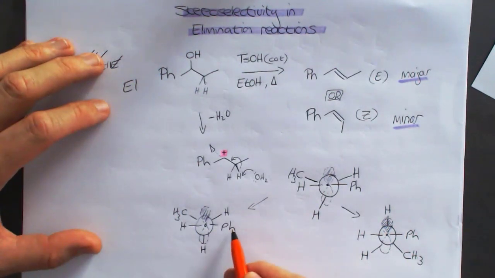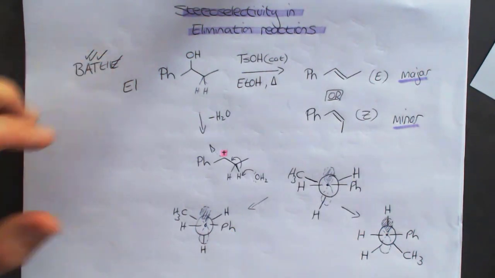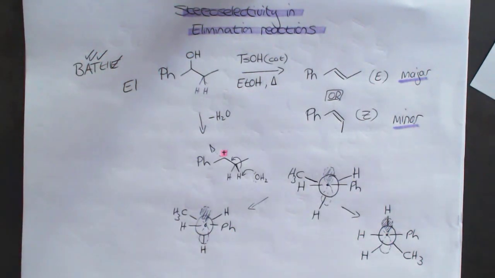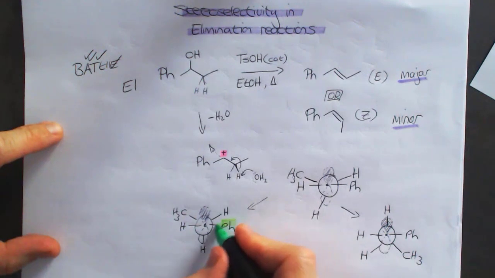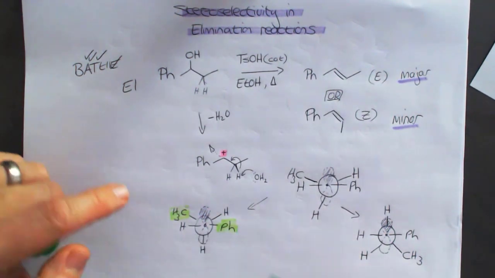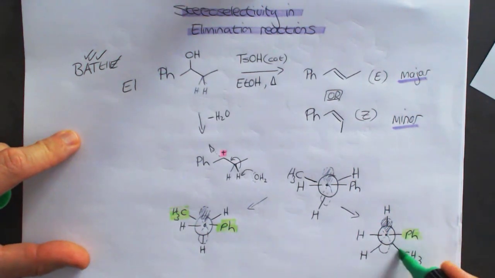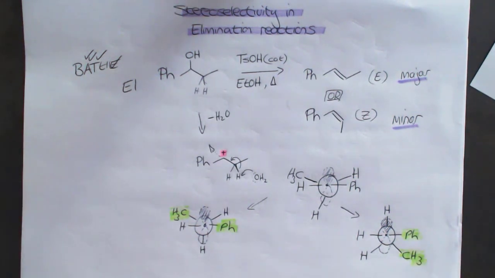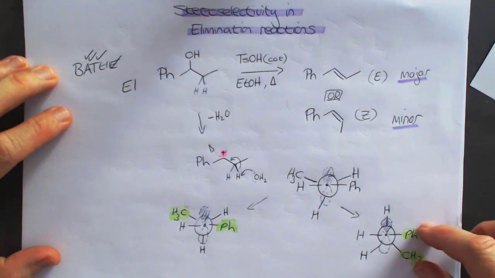The one is where these two groups, and I'm going to mark them in green so you can see them, the phenyl and the methyl, are far away from each other. And the other example is when the phenyl and the methyl are close to each other.